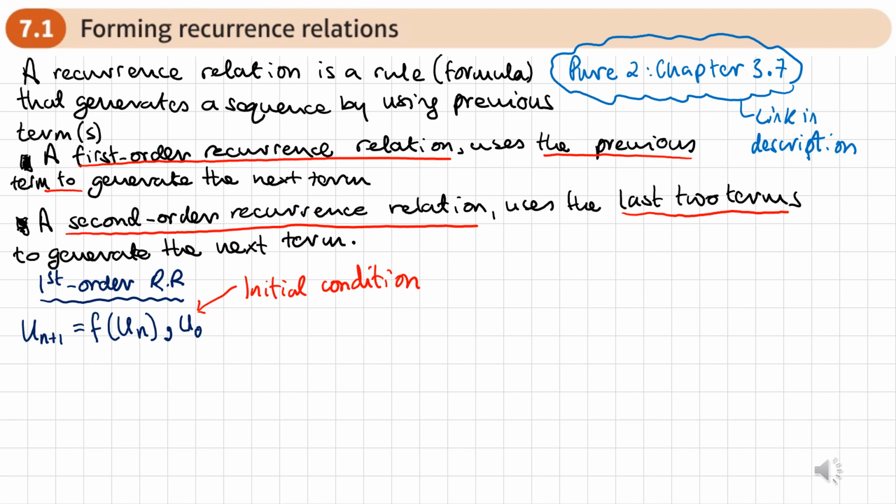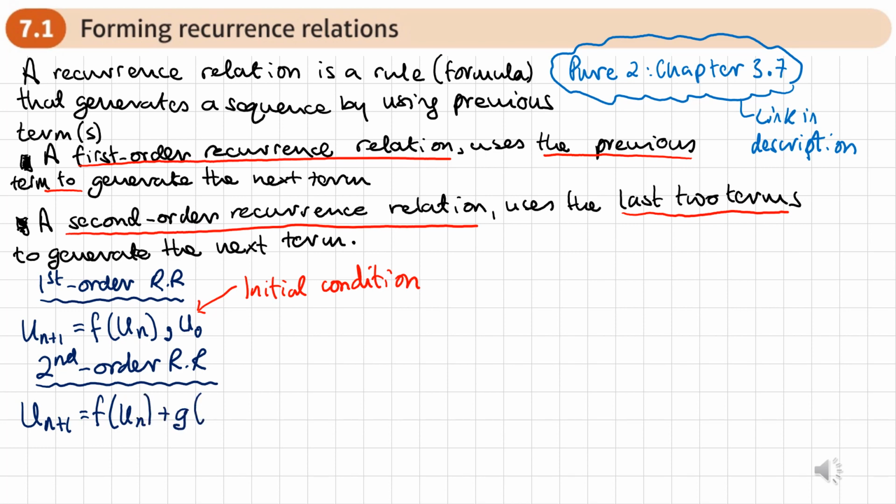And with a second order recurrence relation, so again, I'll just use this shorthand here. To get the next term, it's some function of the previous two terms. So it's some function of the previous term and maybe a different function of the term before that. So you need the last two terms.